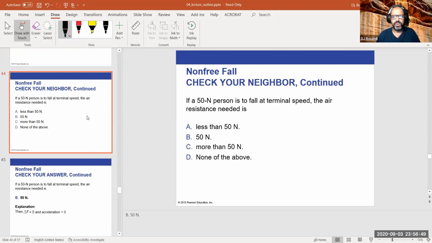If a 50 Newton person is to fall at terminal speed, the air resistance needed is. So we have a person who is 50 Newtons. This must be a very, very small person because that's 5 kilograms. That's a baby. It's a 10-pounder. It's a newborn, okay?